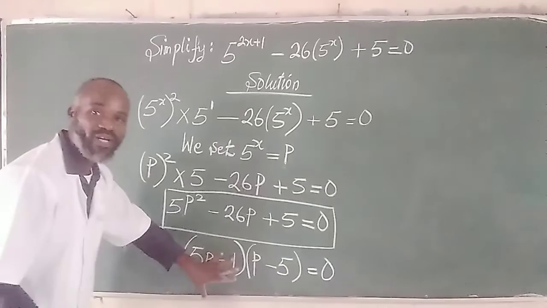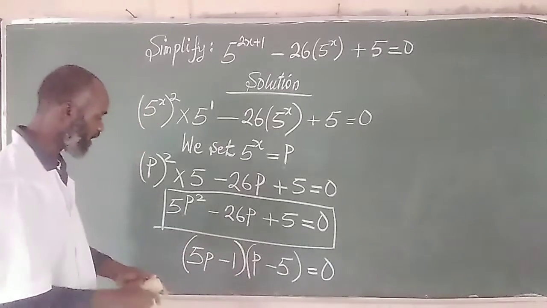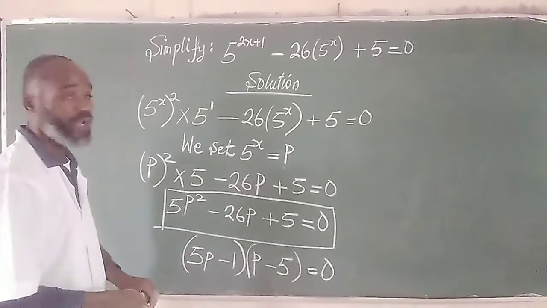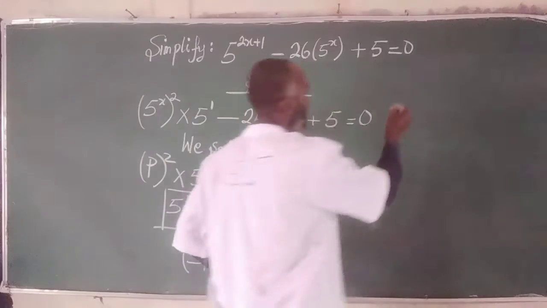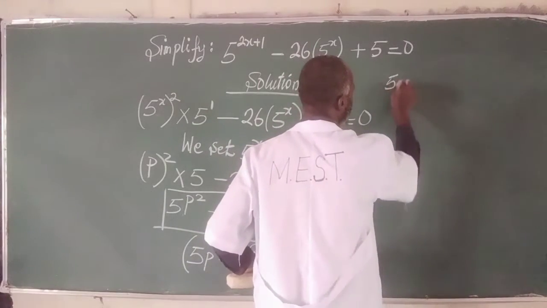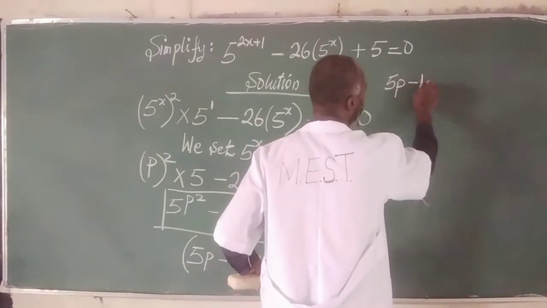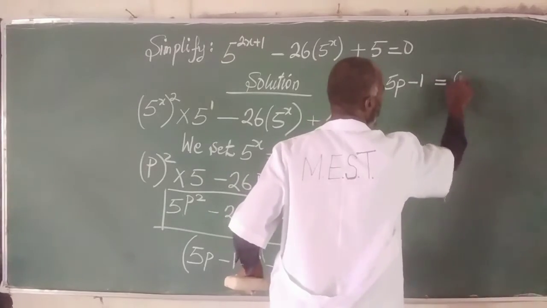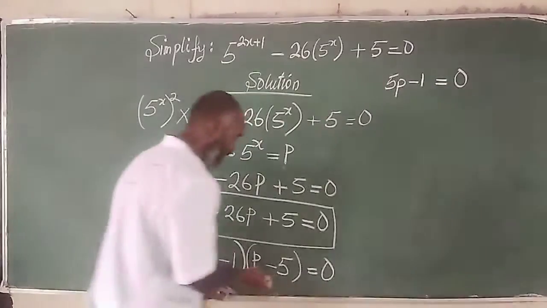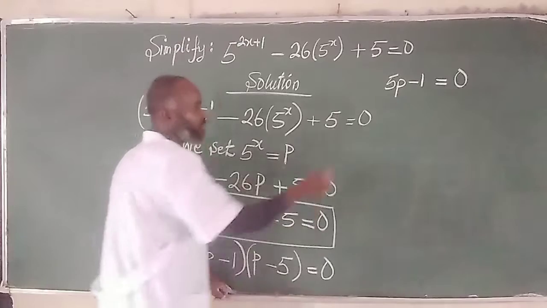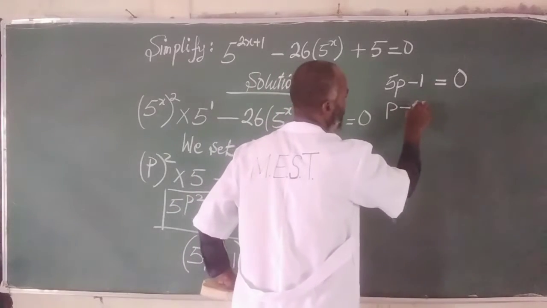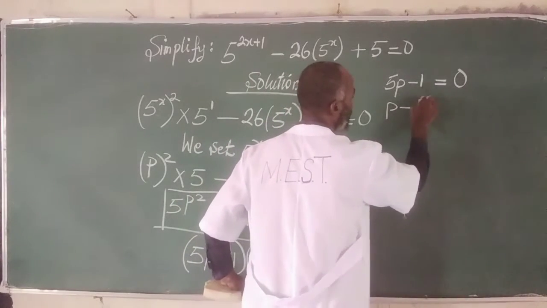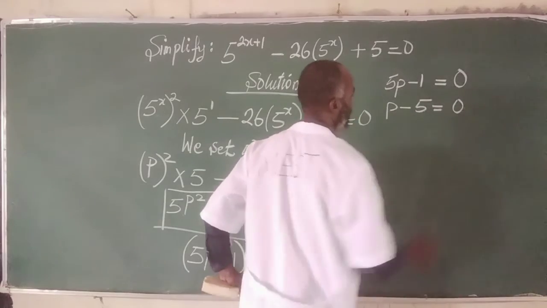So it's going to be okay by the time we simplify further. What does this mean? We continue by saying that 5p minus 1 can be equated to 0. Then the second bracket, p minus 5, is also equal to 0.